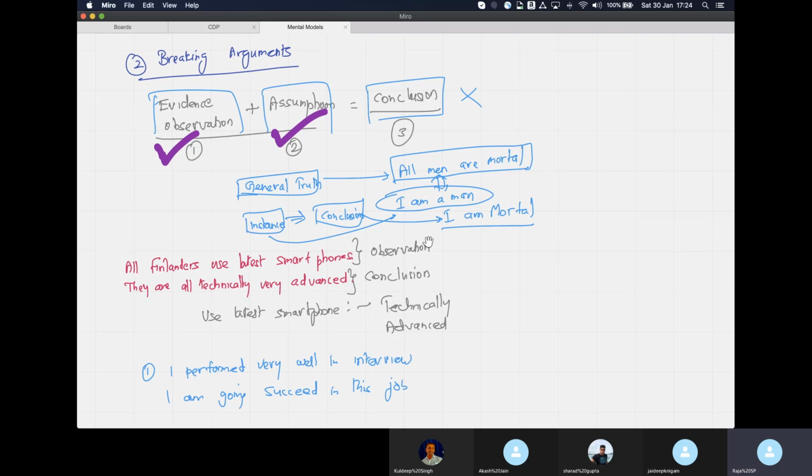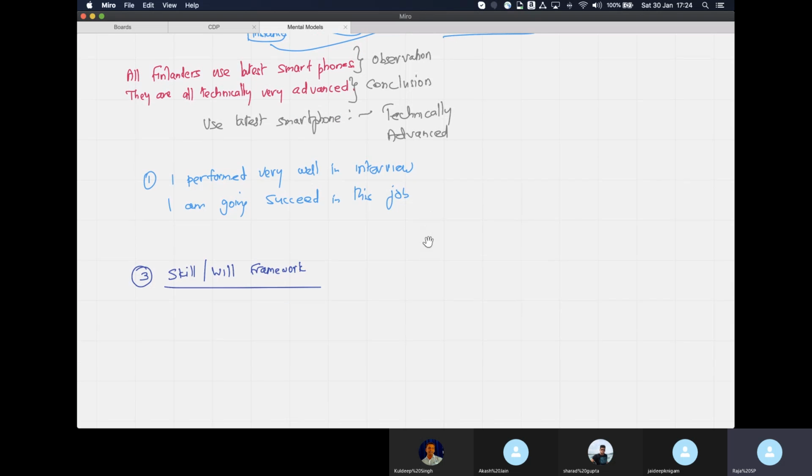If someone is making a statement such as this, how would you go about it? What is the observation here? Performed well in the interview. And then my conclusion is I'm going to succeed in this job. What is the assumption that I'm making here? Good interview means success in job. Yes, exactly.